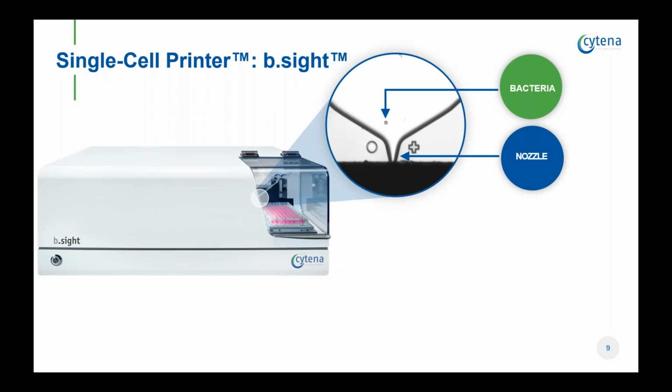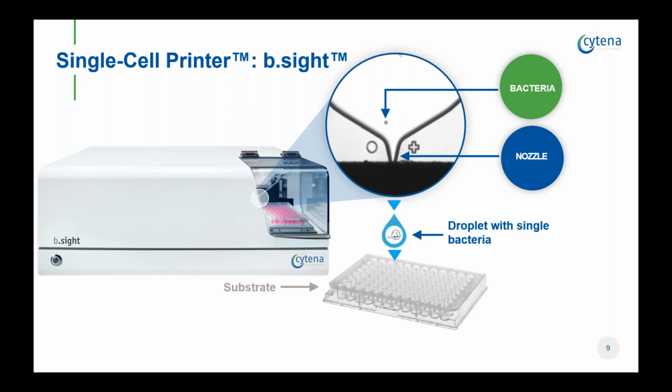If we zoom into the printhead here, you can see the nozzle of one of our disposable dispensing cartridges, and we use an optical detection system which is somewhat similar to a bright field microscope to detect the cells inside the nozzle of our dispensing cartridges. And only those droplets that contain a cell with the right size and the right morphology are directed to the target substrate. You can also see one of our cartridges here.